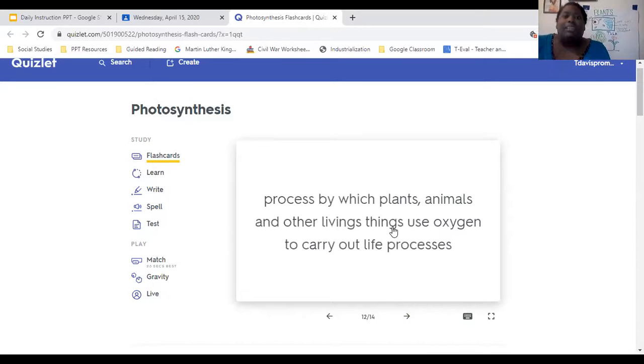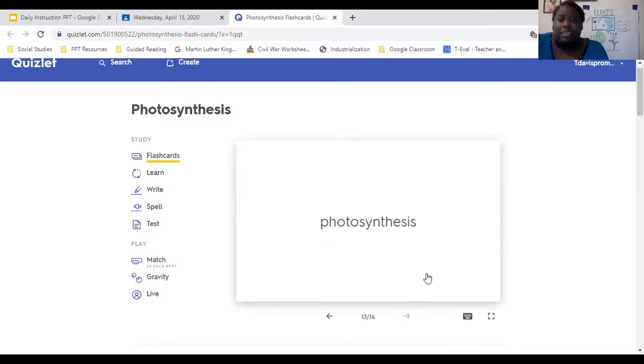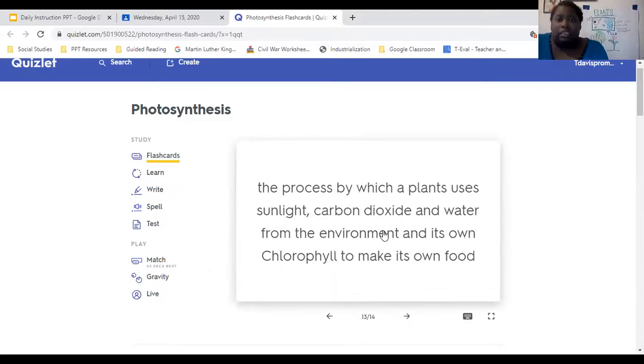Respiration. It's the process by which plants, animals, and other living things use oxygen to carry out processes. Photosynthesis is the process by which a plant uses sunlight, carbon dioxide, and water, also known as H2O, from the environment and its own chlorophyll to make its own food.